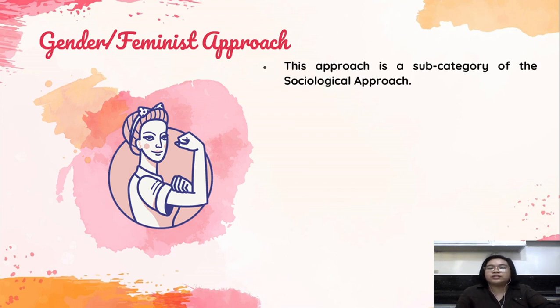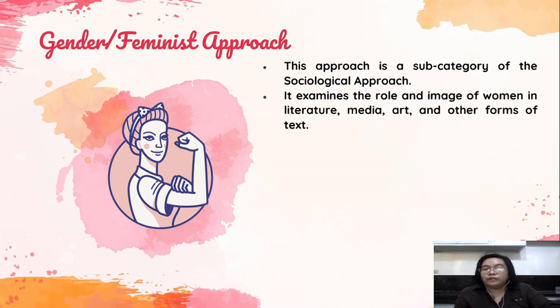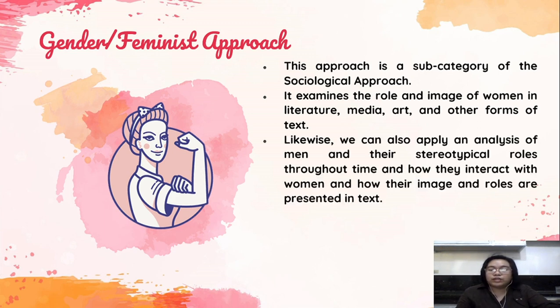This approach is a subcategory of the sociological approach. As depicted in the name of this critical approach, it tackles the role and image of women in literature as a whole. It examines the role and image, so as I have said earlier, it focuses on the image of women in general. Likewise, we can also apply an analysis of men and their stereotypical roles throughout time, and how they interact with women, and how their image and roles are presented in the text.